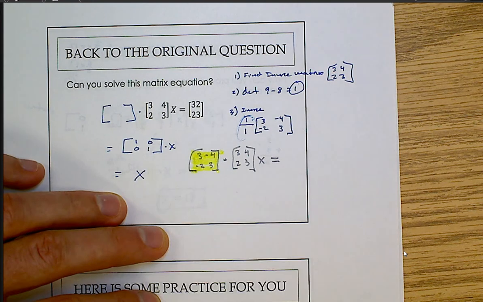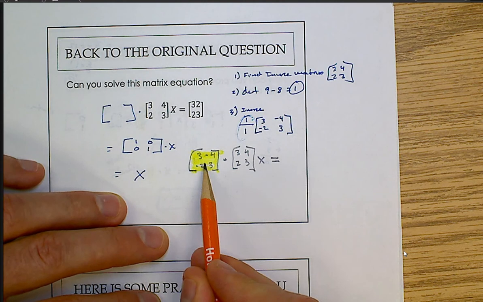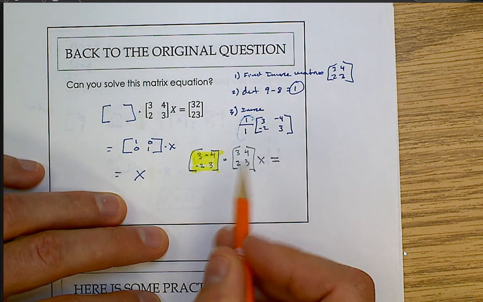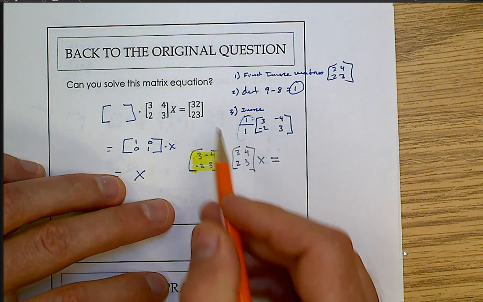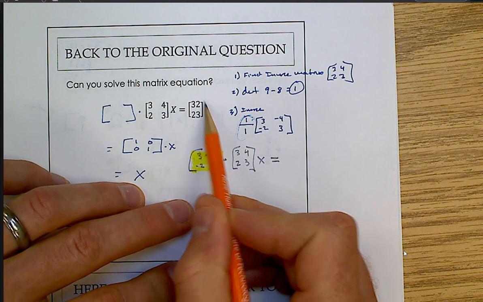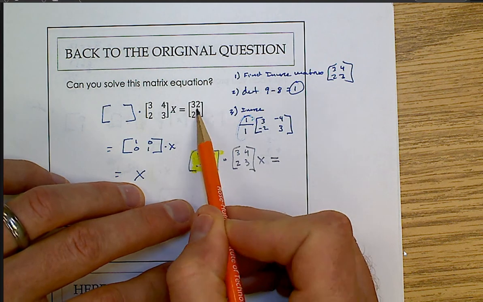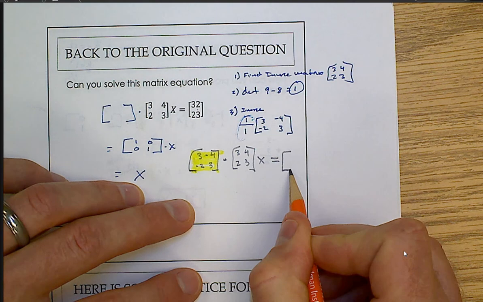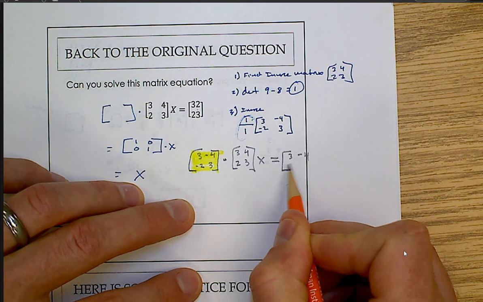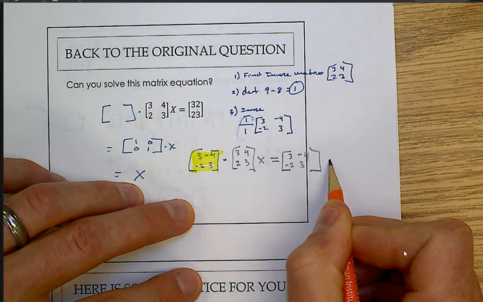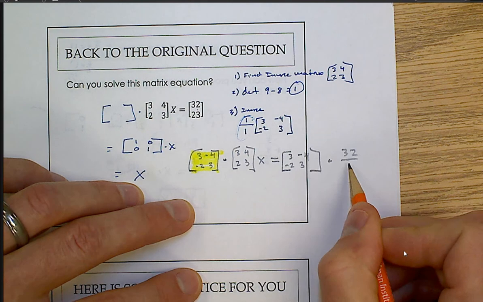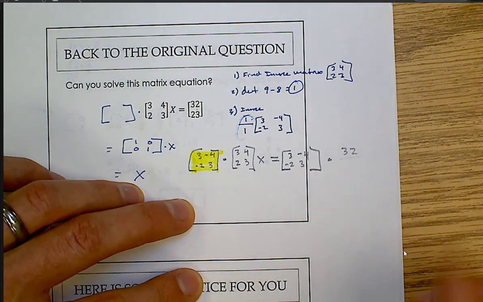That matrix, when you solve these by hand, notice it's to the left of the original. If it's to the left of the original, there is order in terms of how you multiply your inverse by the other side. It also has to be on the left side when you multiply it by the [32; 23].